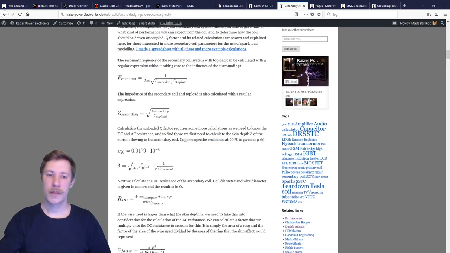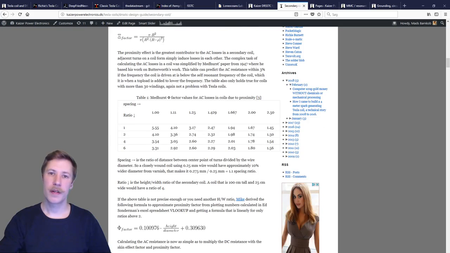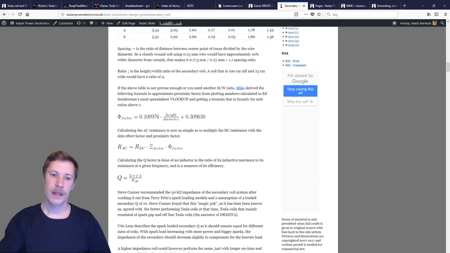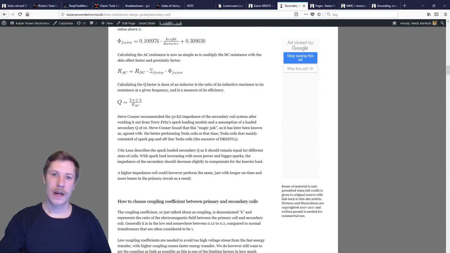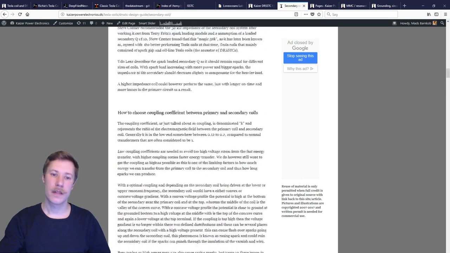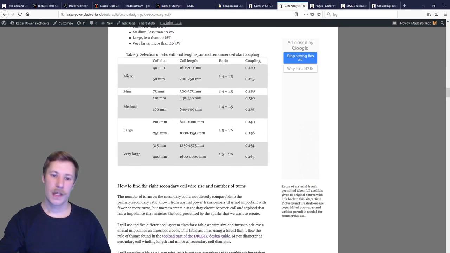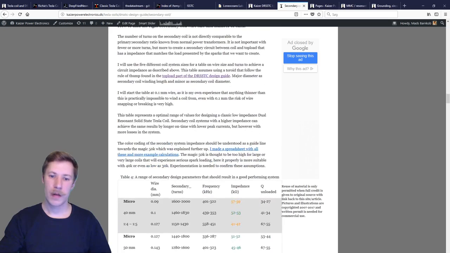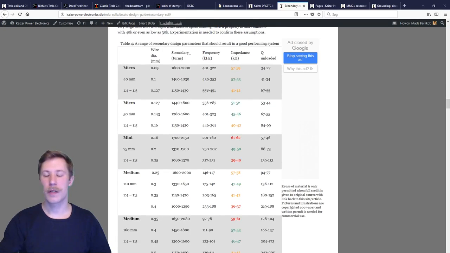So the secondary chapter is mostly about impedance matching, and how you again calculate losses and so on. Here I also try to describe in tables some good matched height-to-diameter ratios, some good impedances, what kind of wire diameter you should use, and then the expected resonant frequency.